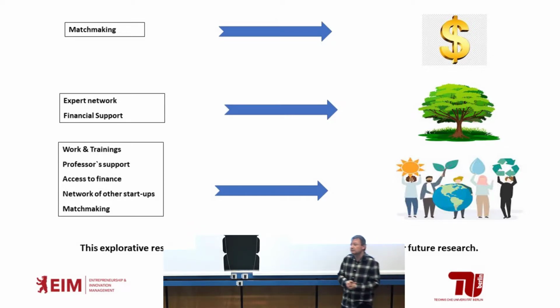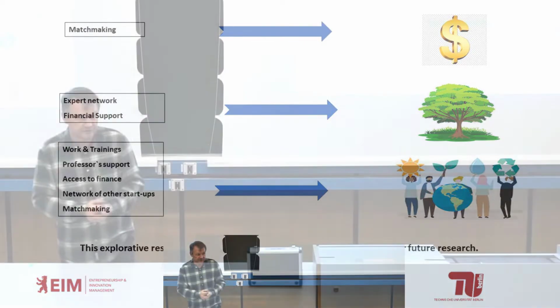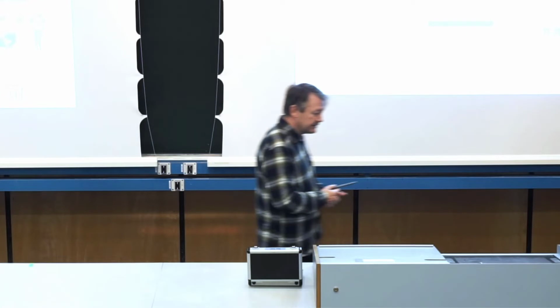And if you want to dive into social issues as a startup, you need a whole breadth of support from business and from academic incubators. It turns out there are real differences, and we can show that in the data. Okay, so far about this lecture.